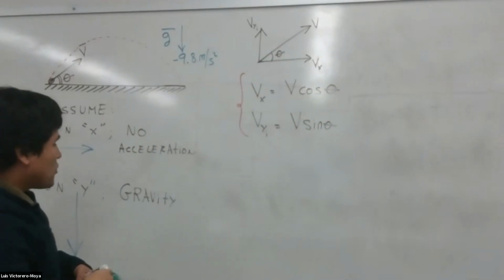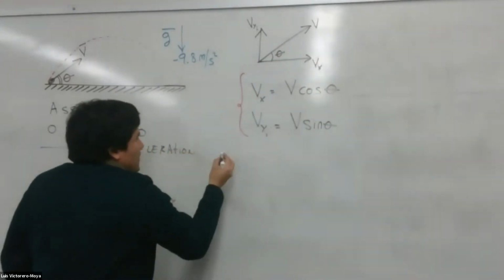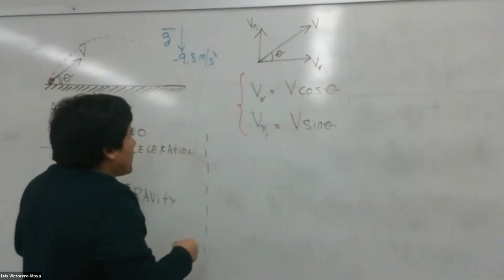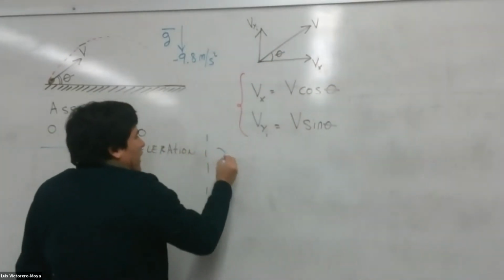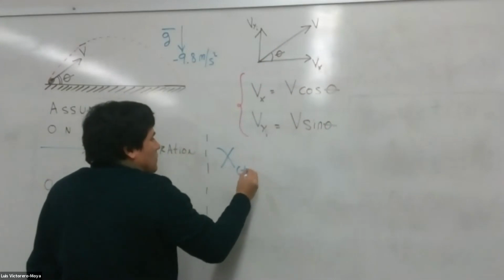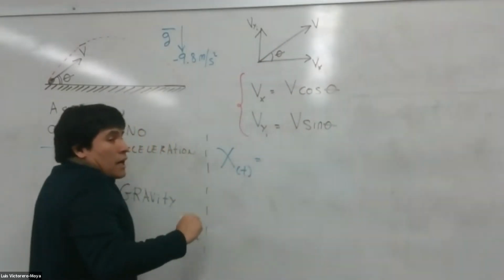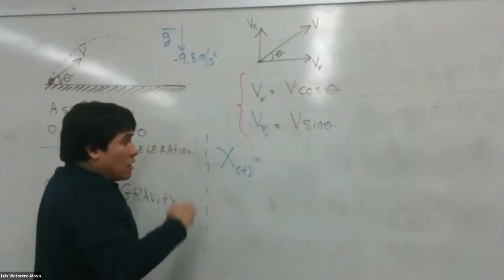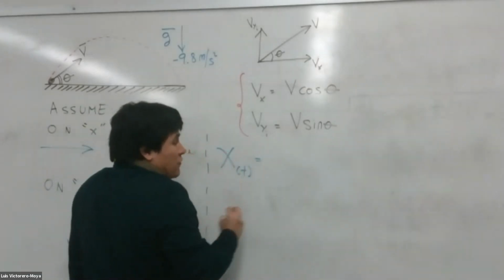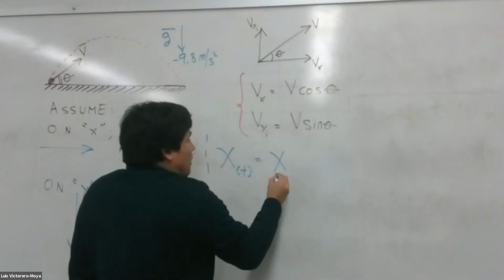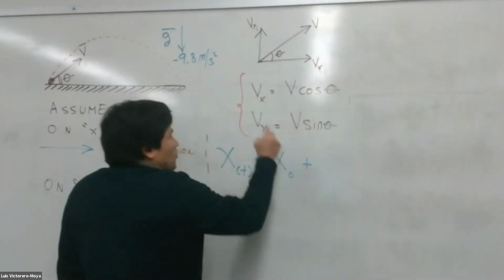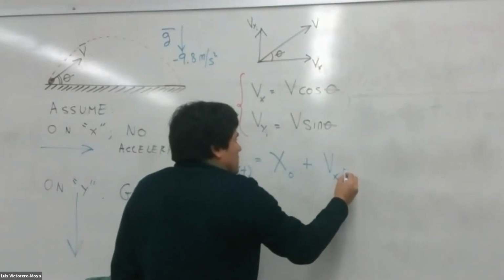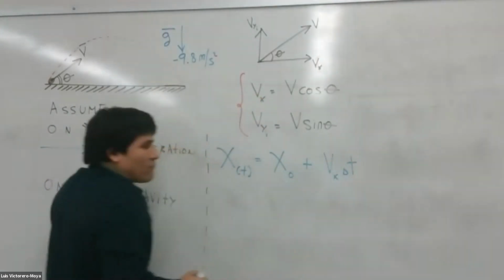So, two dimensions, X and Y. Let's write down x as a function of time. Without assuming that you are using the origin, the position as a function of time is the initial position plus the velocity of x times the change in time.